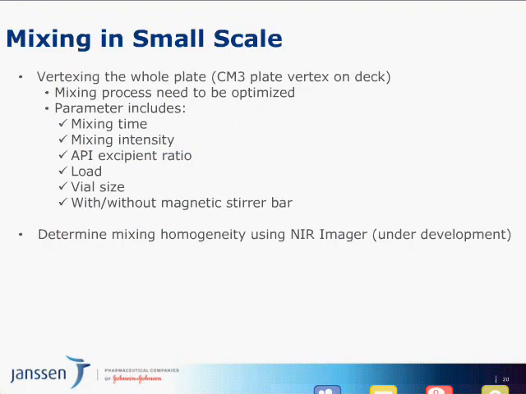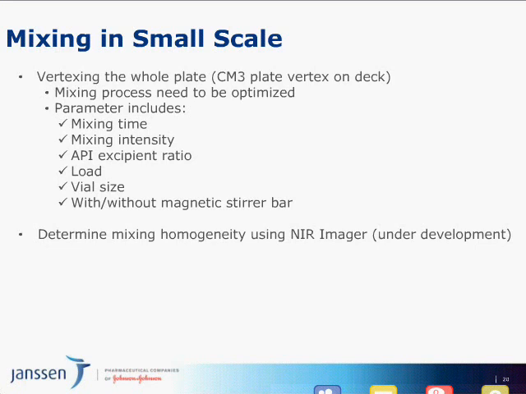And now we're talking about mixing on a small scale. I look at this in a process optimization way. That means you have to do your experiments on your own platform. Those parameters include mixing time, mixing intensity, API excipient ratio, the load, the vial size, and with or without a magnetic stir bar.